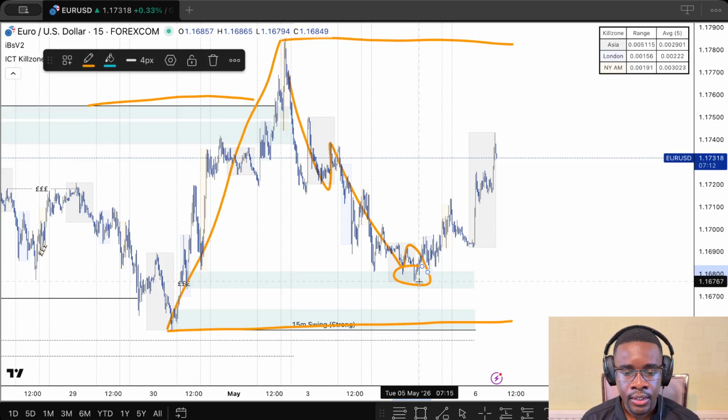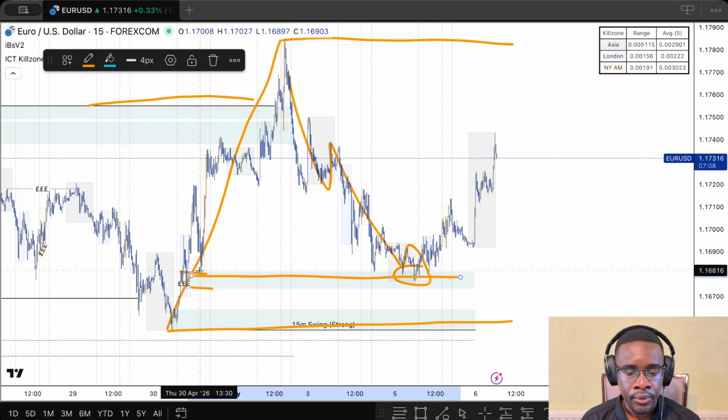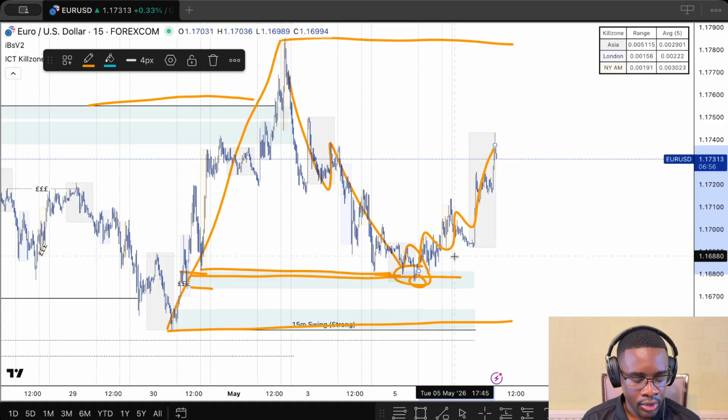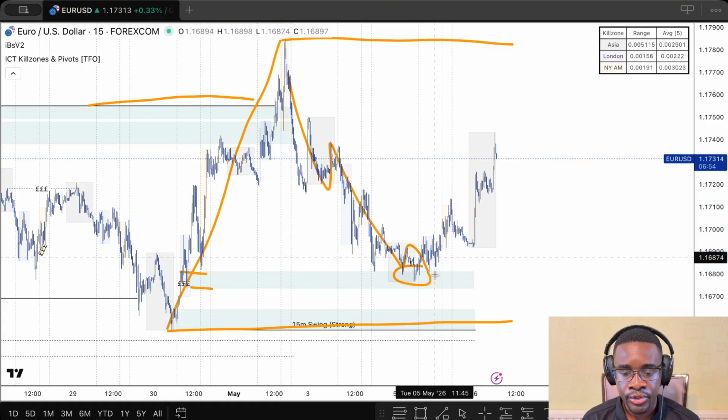We've come back, mitigated this extreme, this area, this POI. We had a sweep, and then mitigated this area of demand, or this POI, and then price has since continued bullishly. So yesterday was a very strong bullish day.